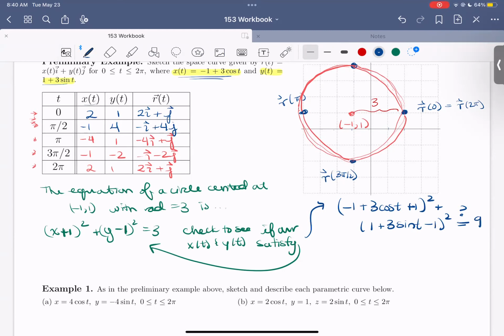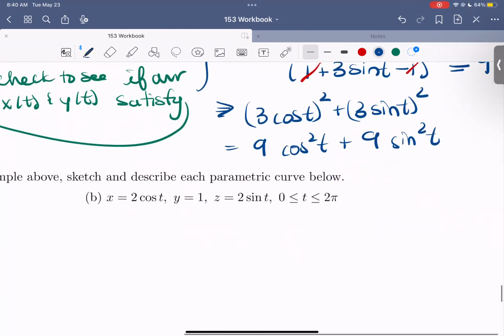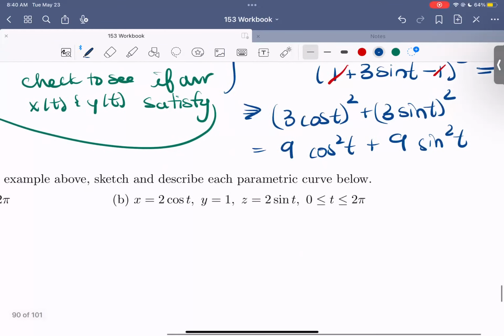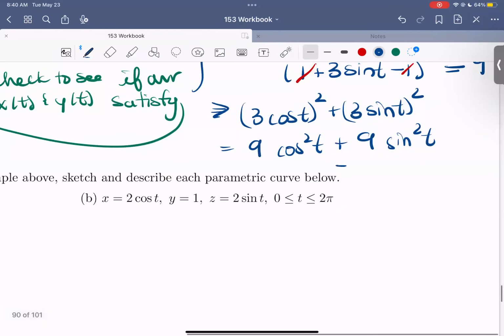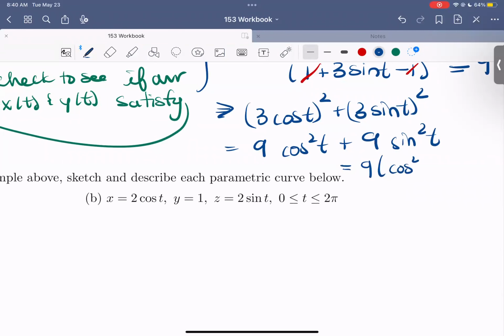So let's go ahead and work out that left-hand side. We see that the 1 and the -1 cancel, and the 1 and the -1 cancel for both terms. So this would imply 3 cosine t squared plus 3 sine t squared. Well, that becomes 9 cosine squared t plus 9 sine squared t. From there, I can pull out a 9 from both terms. So this is just equal to 9 times cosine squared t plus sine squared t.